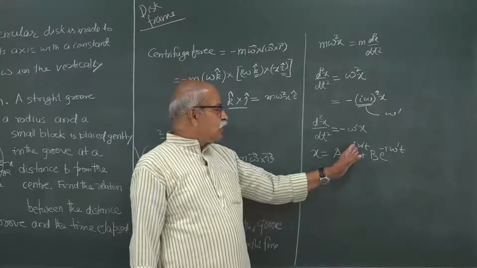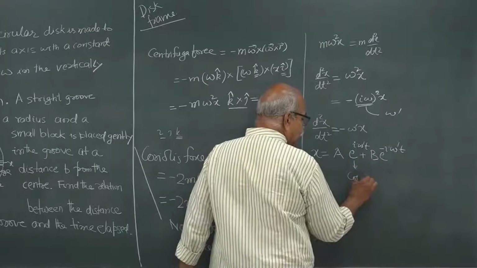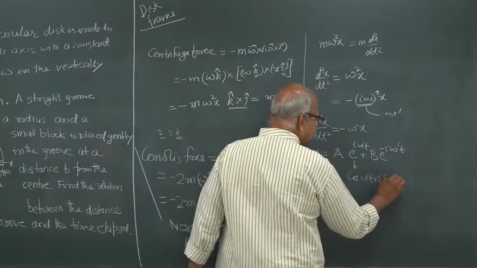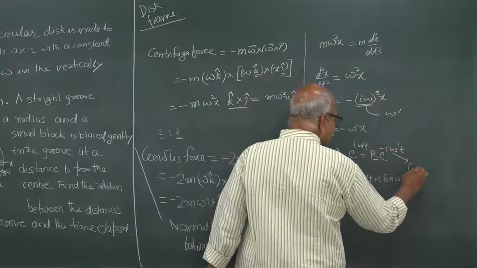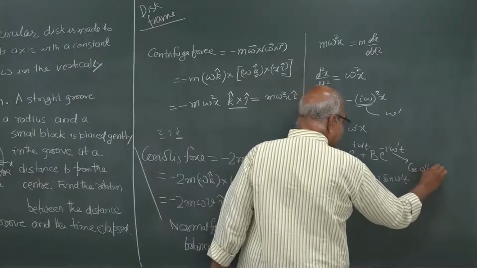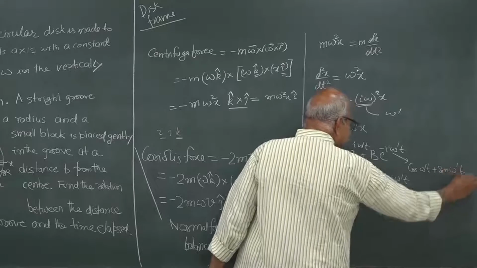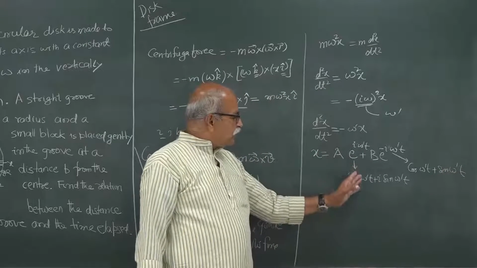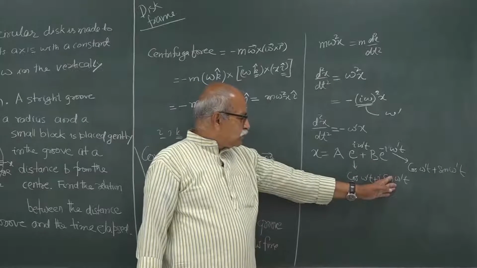If you write in cos and sine, you can do that. This quantity is cos of omega prime t plus i times sine of omega prime t, and similarly this quantity is cos of omega prime t minus i sine of omega prime t. So, you can write it in the familiar cos omega prime t and sine omega prime t also.